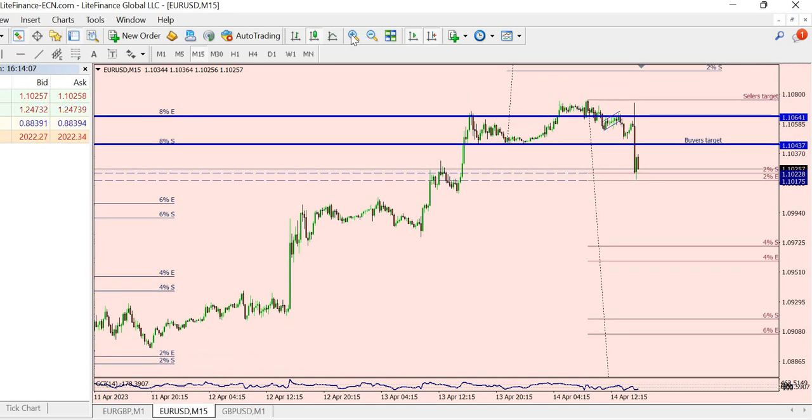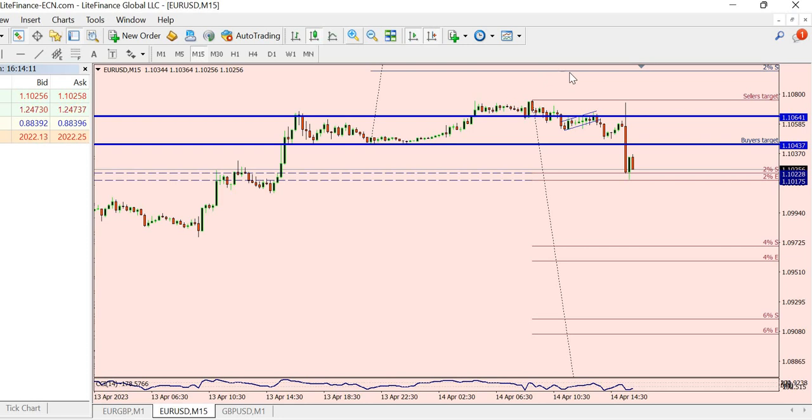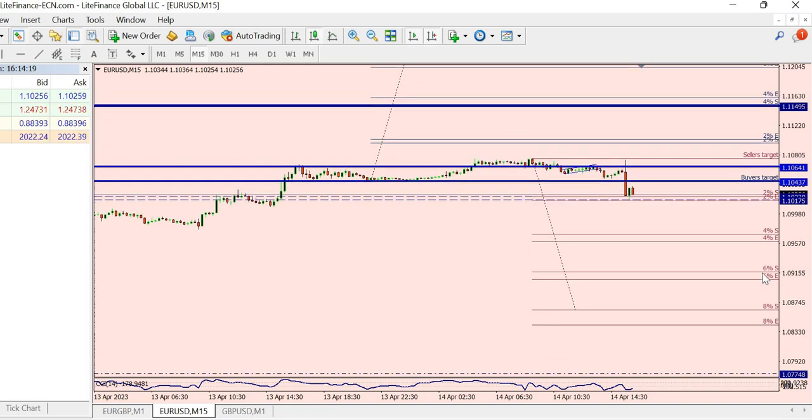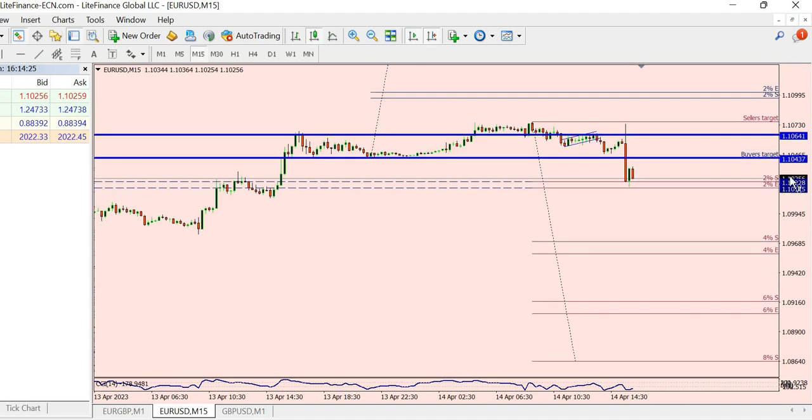If you ask me where is the take profit for the sell positions, if you don't want to wait 3, 4, 5 days until the price reaches 8%, 6% or 4%, the minimum take profit would be 2%.